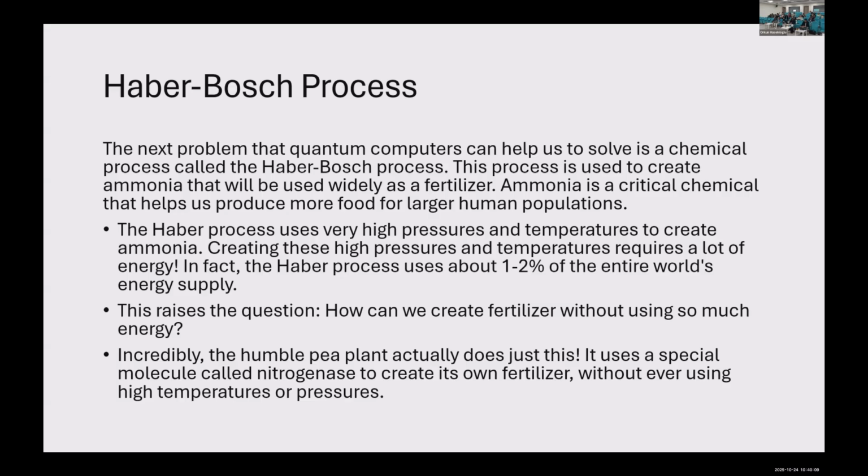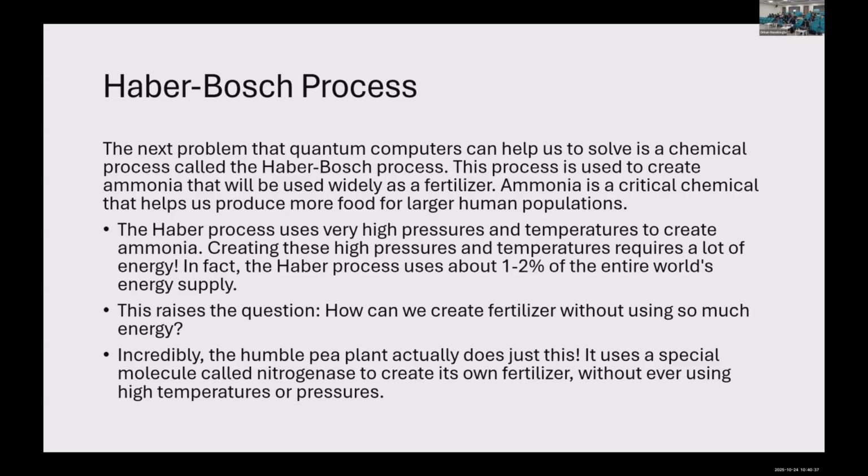So this raises the question of how to seek other ways to create fertilizer without using so much energy, right? How can we do that? There is a humble pea plant, actually, that does it by itself. It uses a special molecule called nitrogenase to create its own fertilizer without ever using high temperatures or pressures.